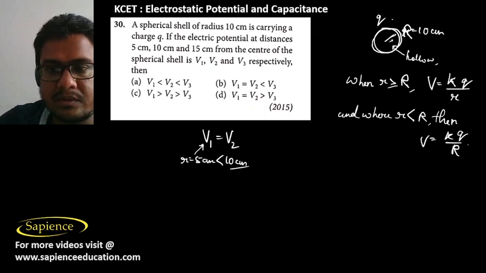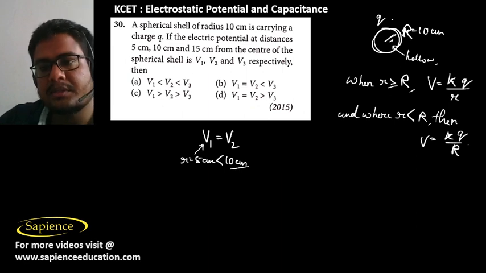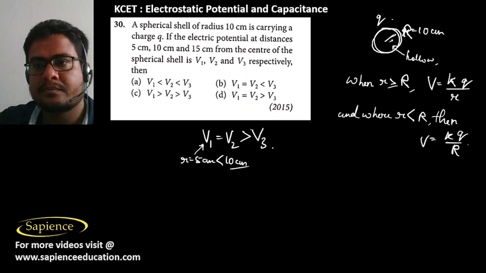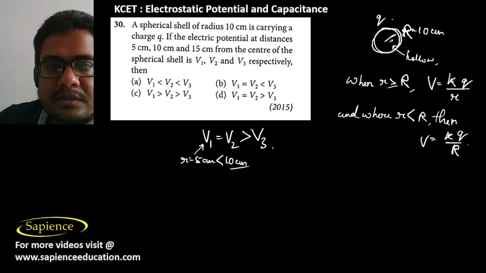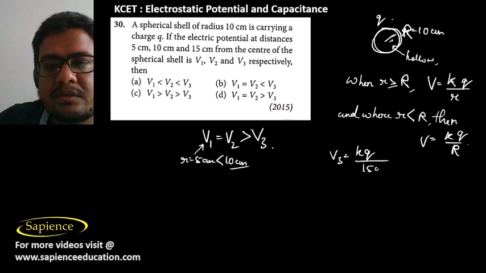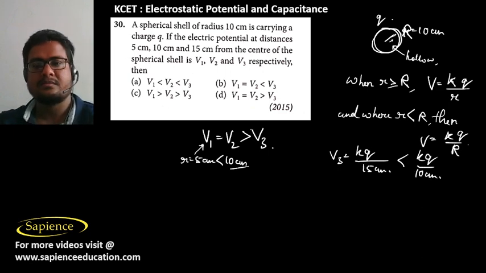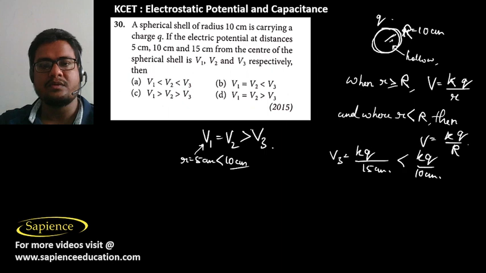So V1 will be equal to V2, and that is greater than V3, since V3 will be KQ by 15 centimeter, which will obviously be less than KQ by 10 centimeter. V1 equals V2 greater than V3. So option D is the correct answer.